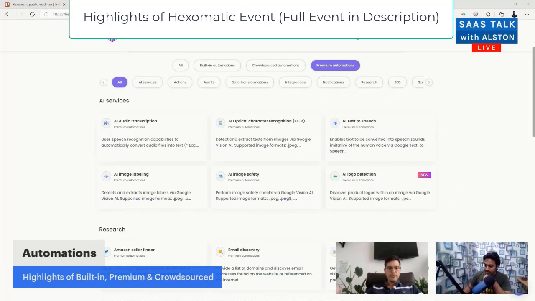These types of things use third-party services that are built into Hexomatic. So we've created the platform that enables you to plug in all these different things. And we also provide an Amazon Prime type additional subscription where, for pennies on the dollar, you can get access to this wide range of different services.